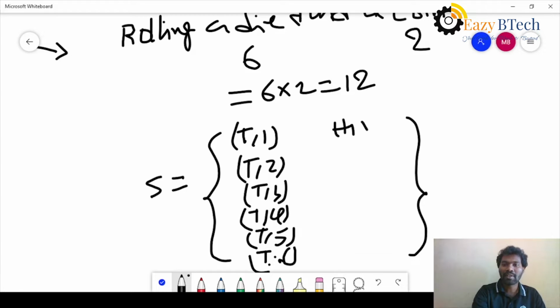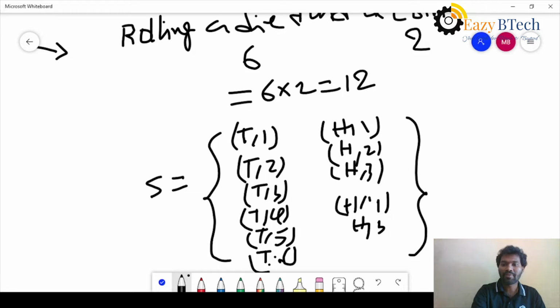Similarly, H1, H2, H3, H4, H5, and H6. So this is called the sample space.